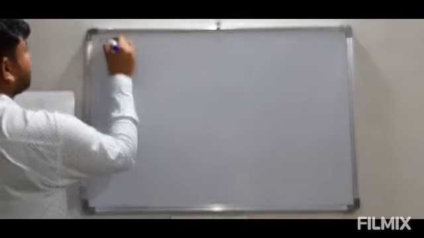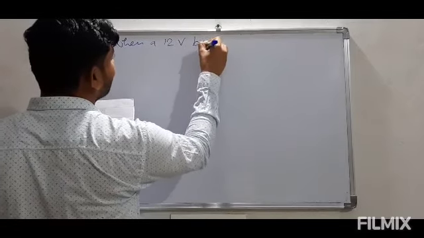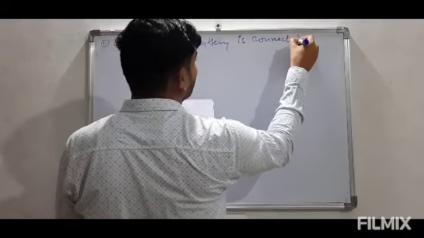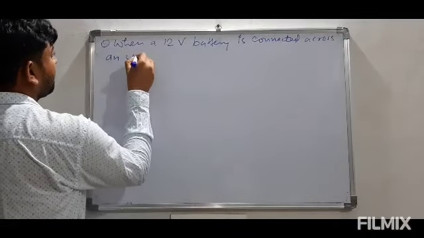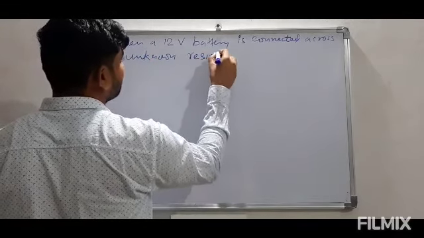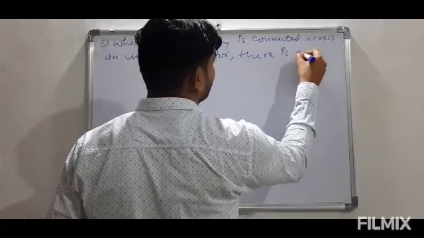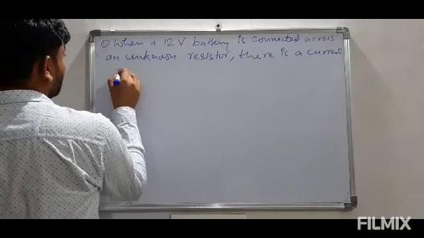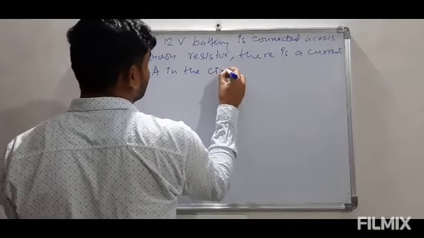First question is: when a 12-volt battery is connected across an unknown resistor, there is a current of value 2.5 milliampere in the circuit.